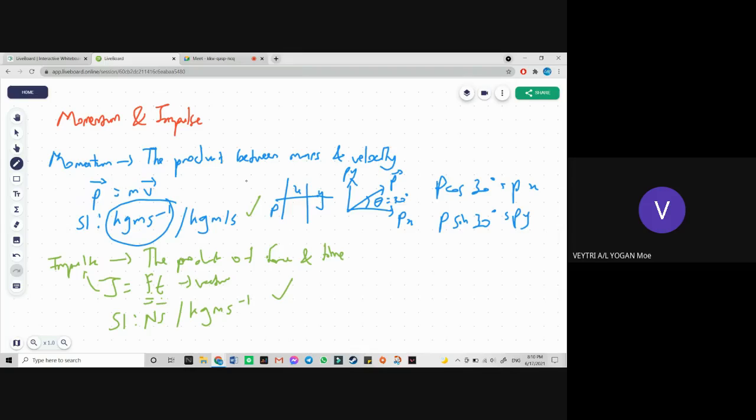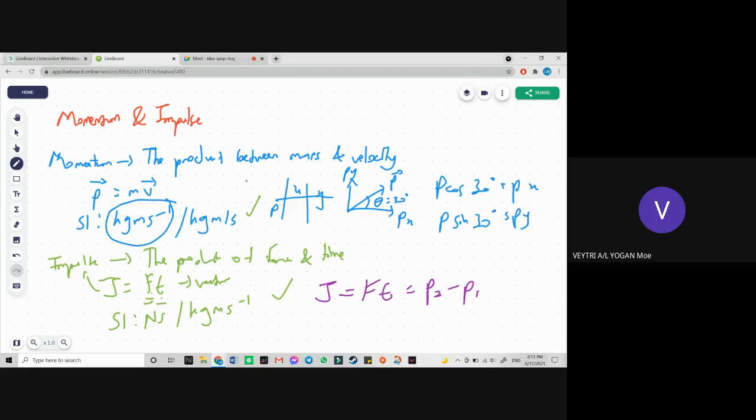Before I move on, let me write down a relation. Impulse, J, is equal to what was it earlier? Force times time. Impulse is also equal to the difference, final momentum minus initial momentum.